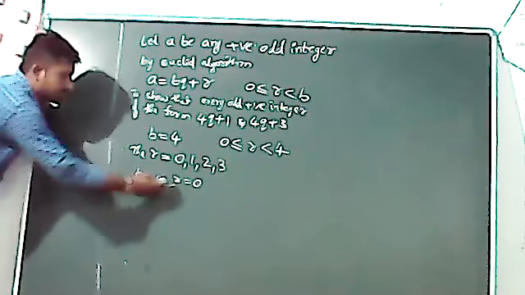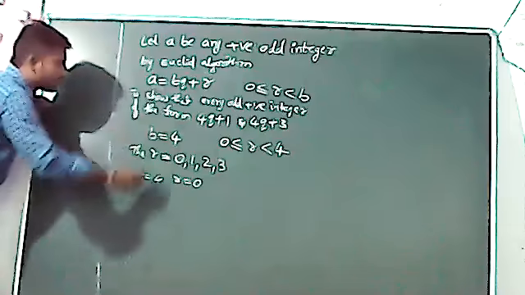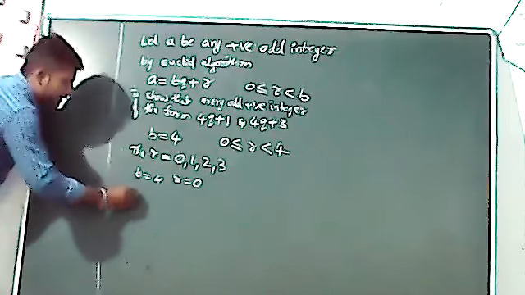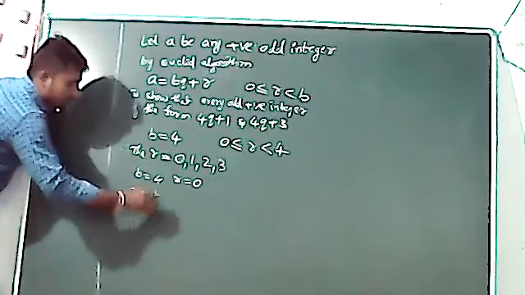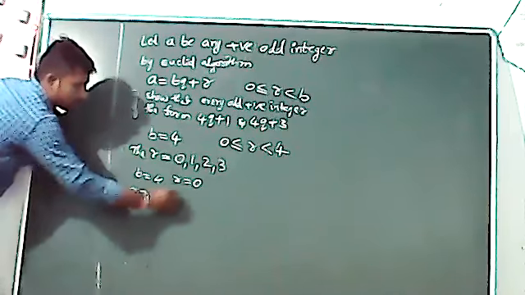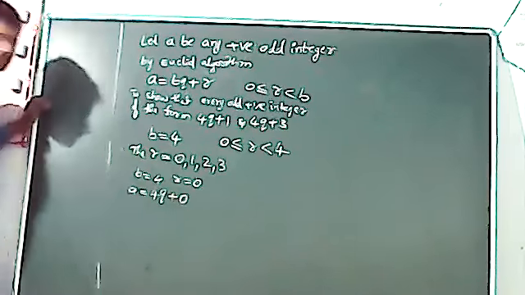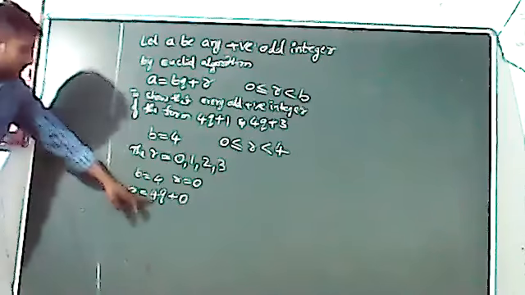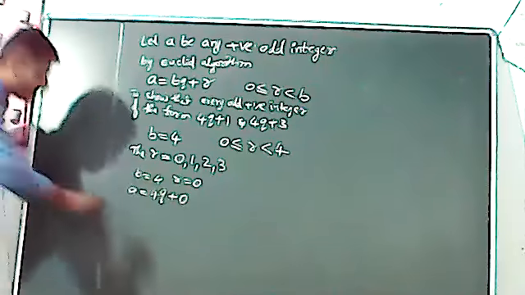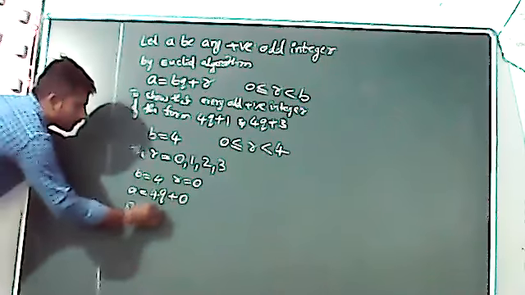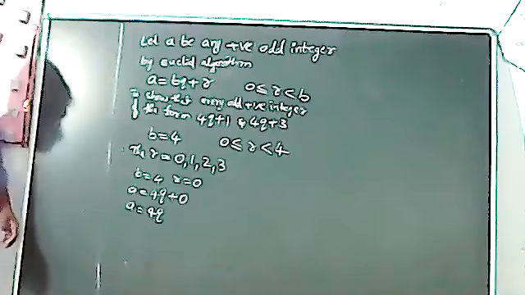We substitute this in the Euclid algorithm. What do we get? a is equal to 4q plus 0, because here the b value is 4 and the r value is 0. So a is equal to 4q.